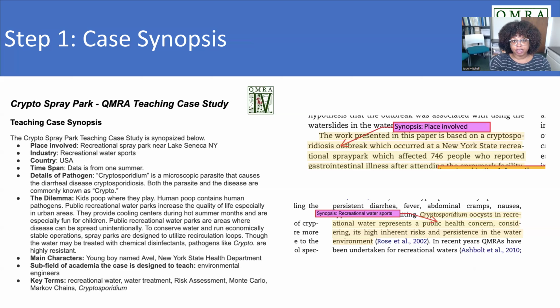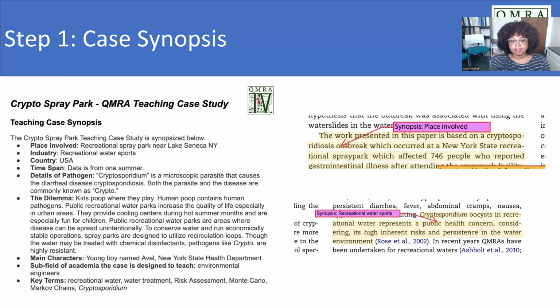This outbreak investigation determined that there was a recreator, generally children, using this spray pad, secreting cryptosporidium after gastrointestinal illness, which resulted in contamination of the water being used in the splash pad.